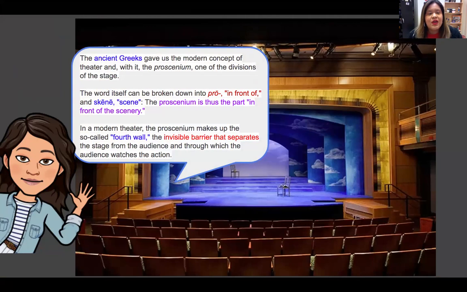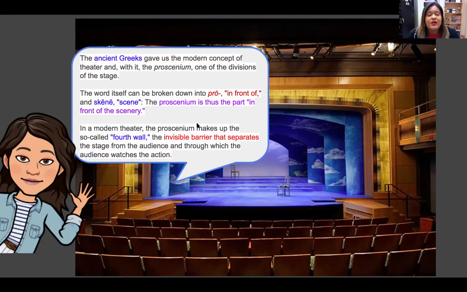The word proscenium is broken down into two parts: pro, which means in front of, and skene, which means scene. So the proscenium is in front of the scenery.